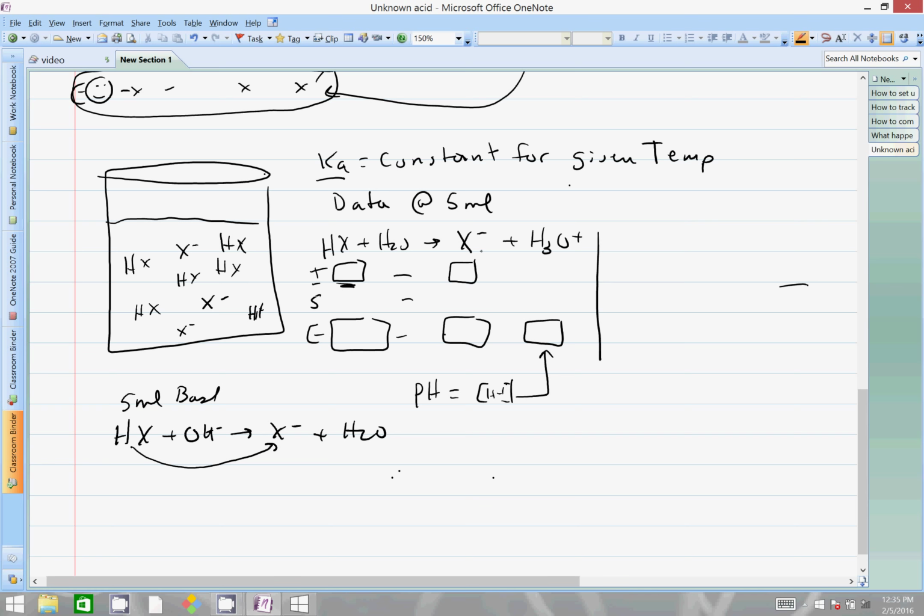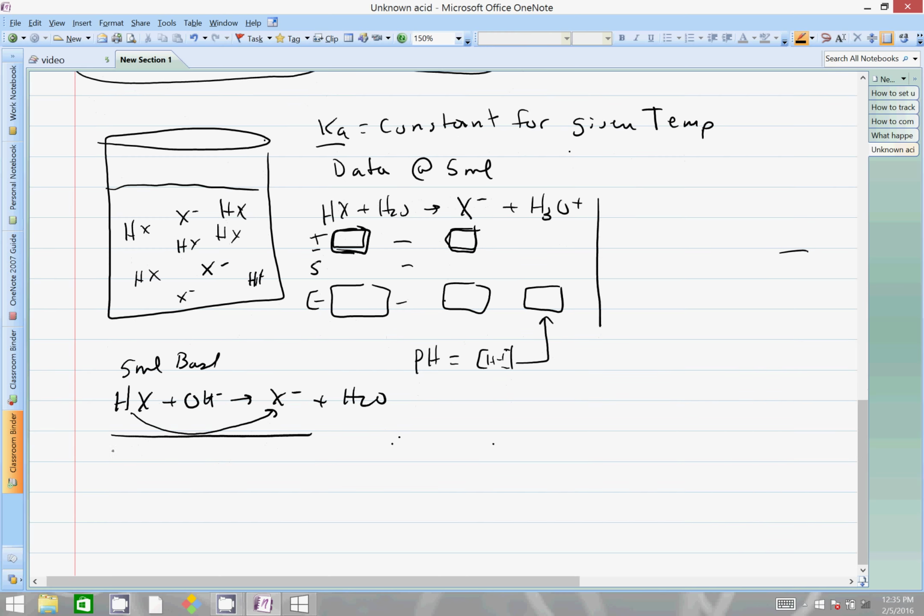I cannot do this problem unless I know the initial concentration of HX and the initial concentration of X negative. So to do this, we do a little bit of stoichiometry. I do this in moles. If you knew the amount of HX you start with, and of course you know the amount of hydroxide you added, every one of these causes 1 HX to get kicked over.